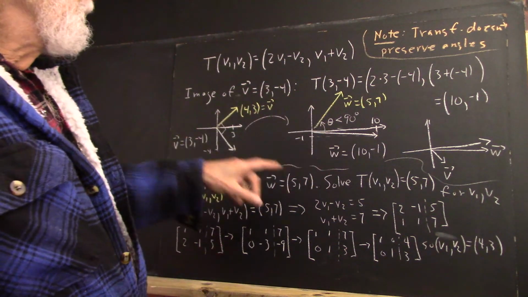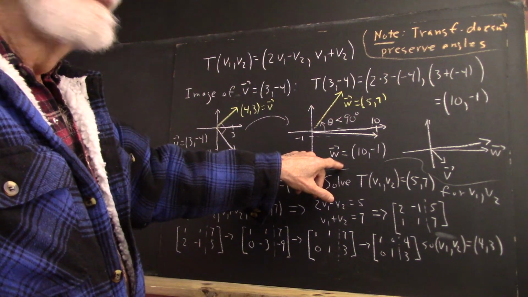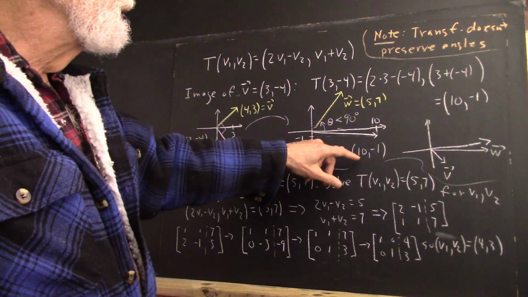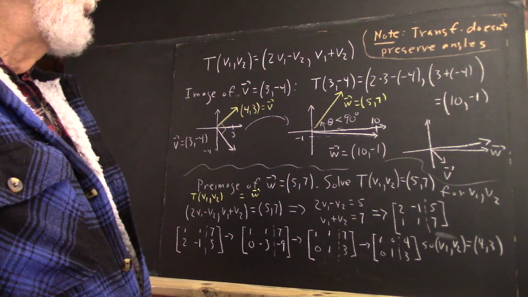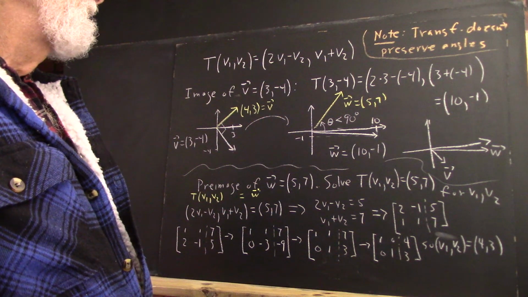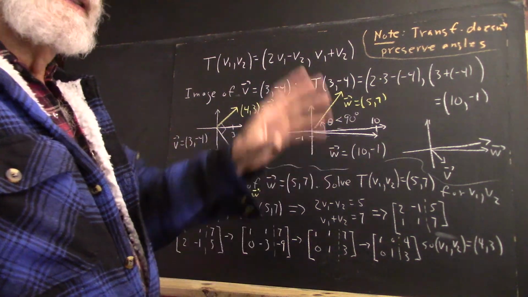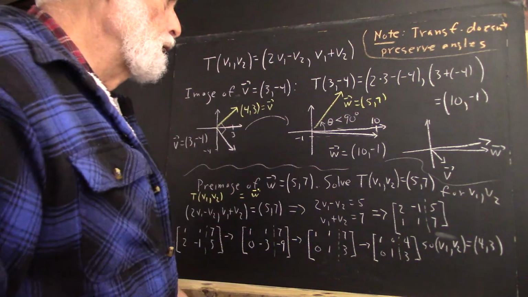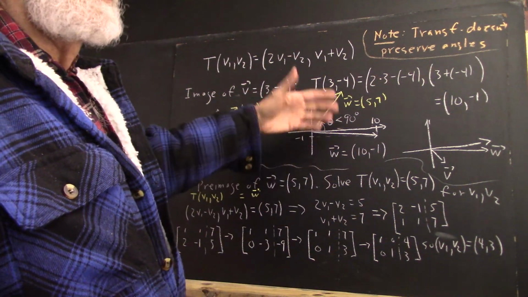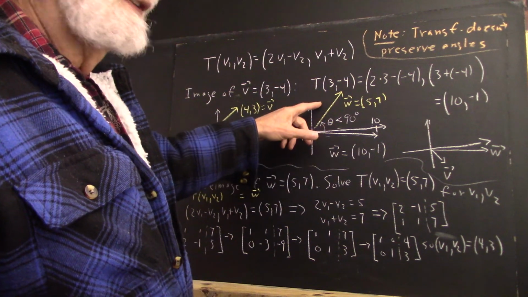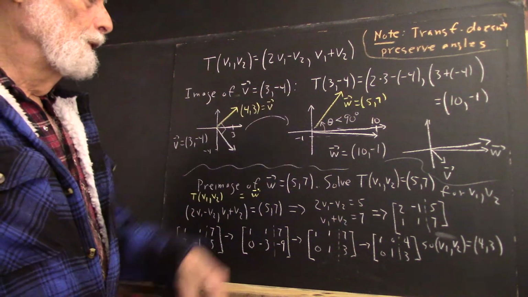You'd easily use the dot product to verify that this angle is 90 degrees and calculate this angle. The dot product of these two vectors is 50 minus 7. That's somewhat bigger than I would have expected, but it's 43. If you divide by the product of these magnitudes, you find that the cosine of the angle is pretty small. It's fairly close to 90 degrees, but it's not 90 degrees, okay? So it's not an angle preserving map.